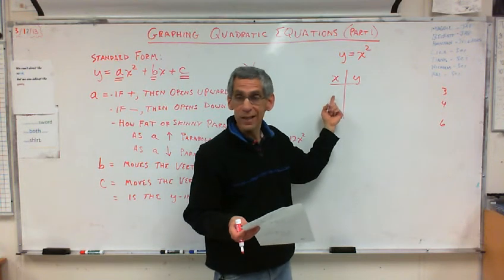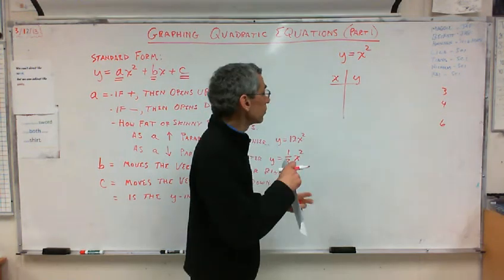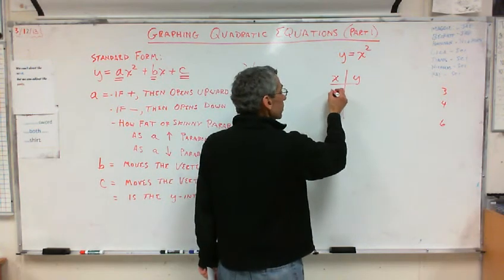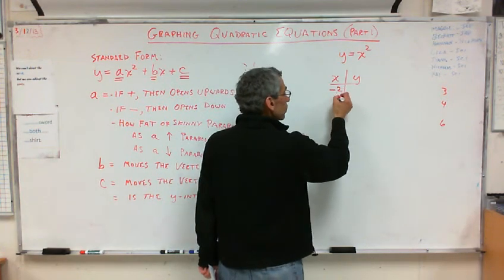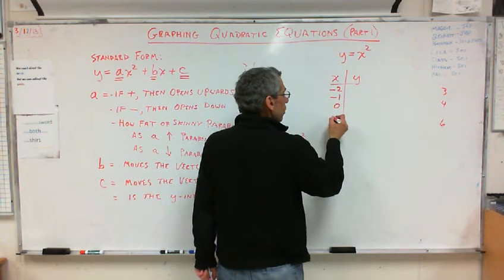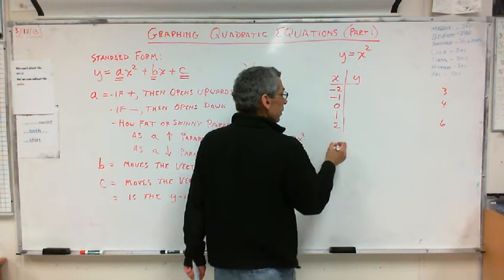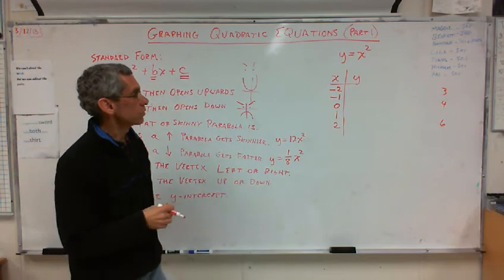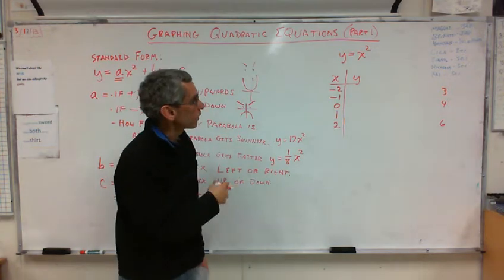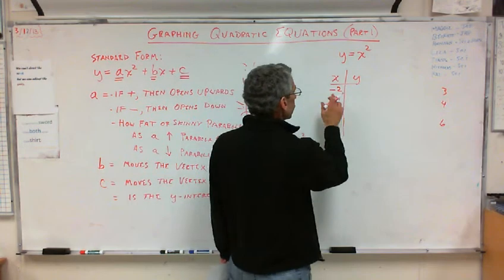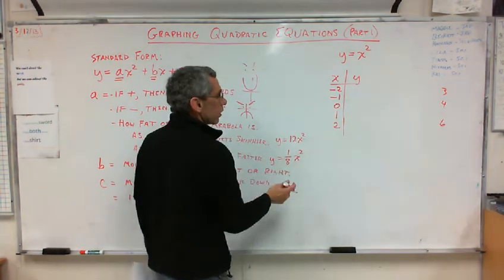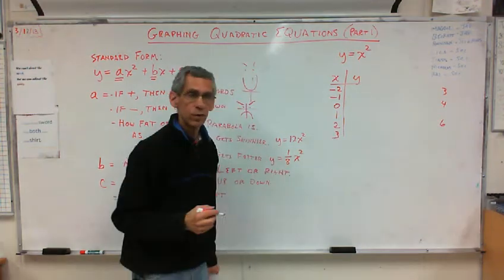So you have to have negatives here as well. So I'm going to say -2, -1, 0, and then positive 1 and 2. I could do more. I could do -3 as well, and 3 if I wanted. I'll do a 3 down here just to show you what it'll be.